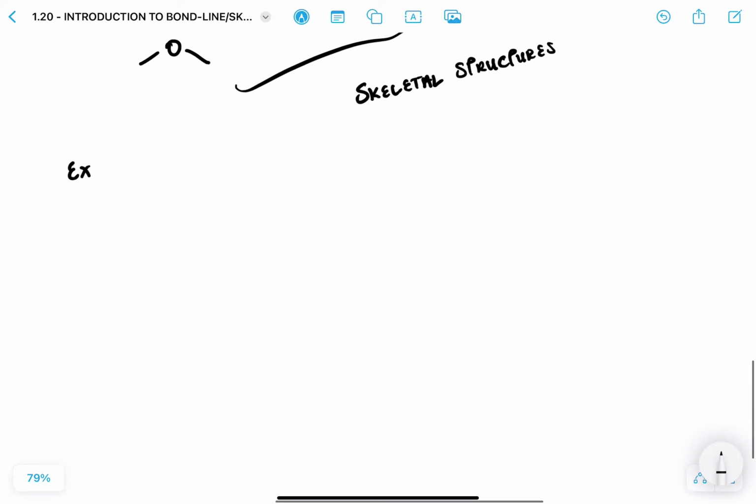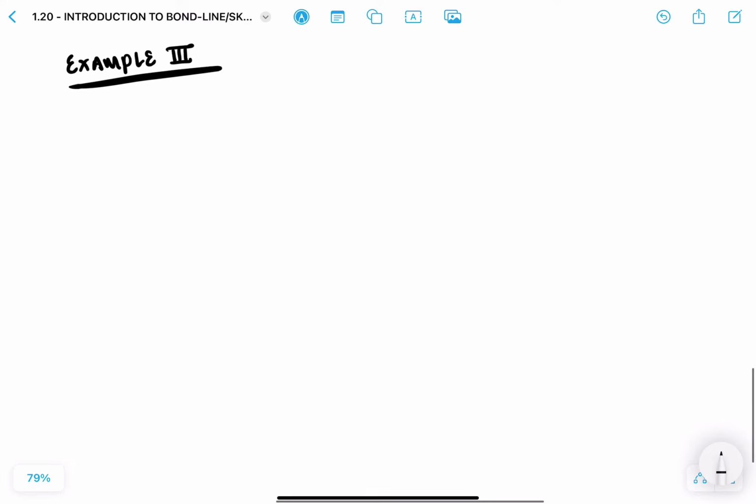Example number 3. Let's start with C4H6. That's our molecular formula.